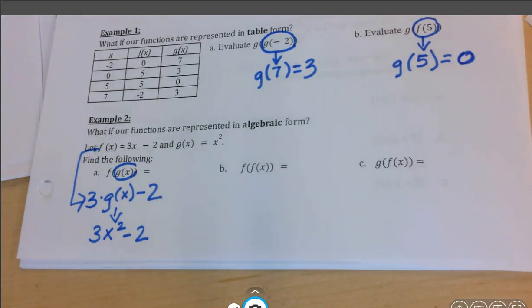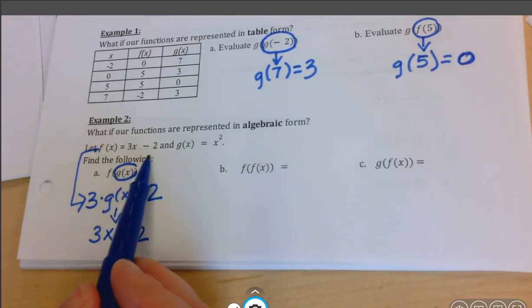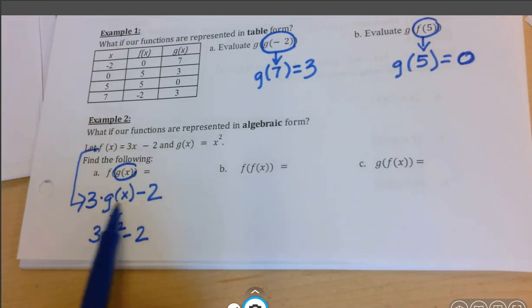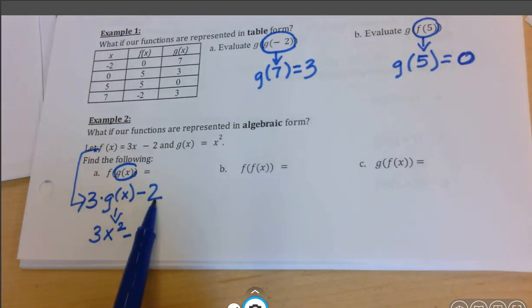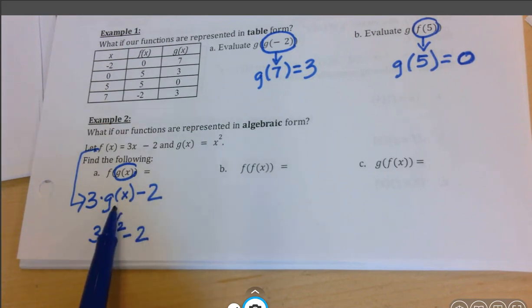You want me to start over? All right, so I took my outside function f, 3x minus 2, but instead of the x, I replaced it with g of x. So I'm putting function g into function f. Why is the x separate, like right here?